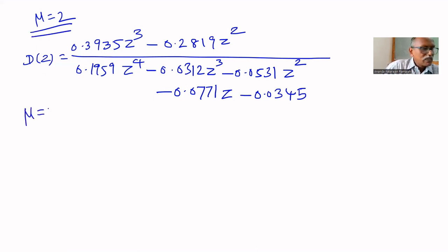If you assume mu equal to 3, you will get the controller. I derived it, but you can check yourself.